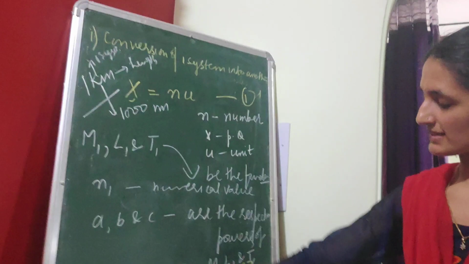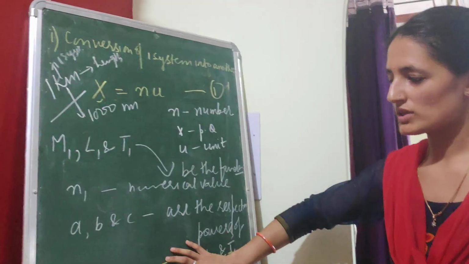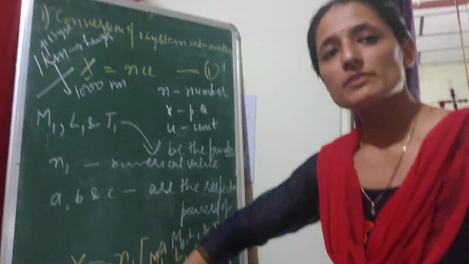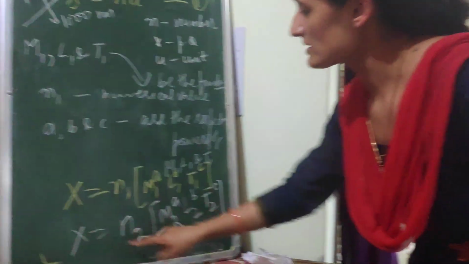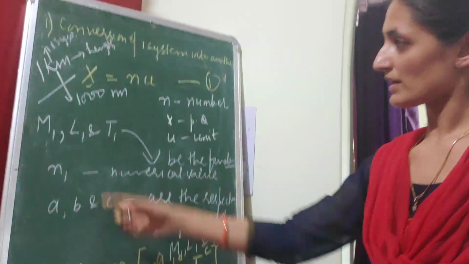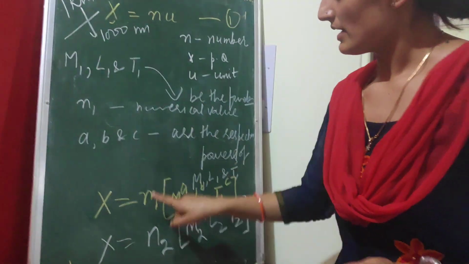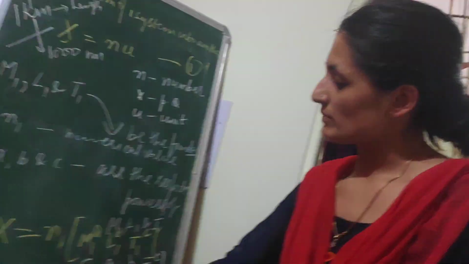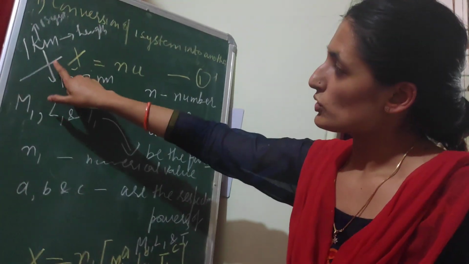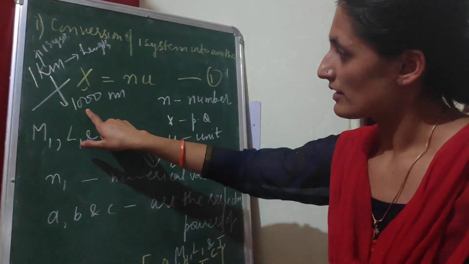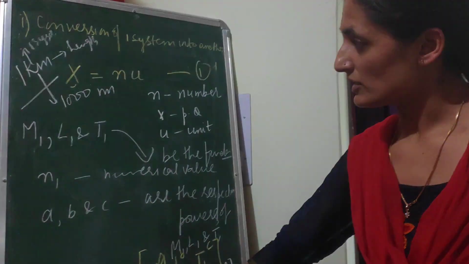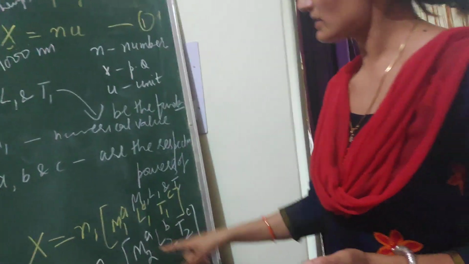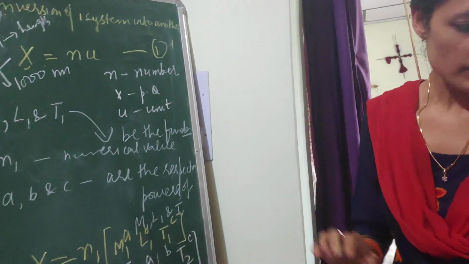That's why X and X. X is the physical quantity in one system, and that physical quantity in the other system is also X. Length will remain length only. Now these values change. So here N1 is 1 kilometer. When we convert it into some other system, in place of 1 we have numerical value 1000. So here it is kilometer, here it is meter.